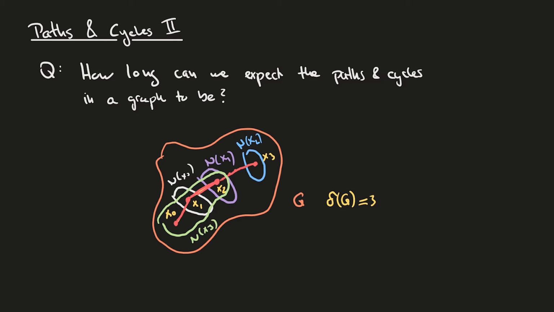And now we can no longer extend the path because if we were to add another edge to the path, we would get an intersection. Thus, in this example, we've seen that if we assume that the minimum degree of G is 3, then we can find a path in G which has length 3.